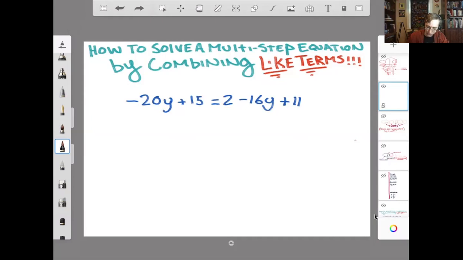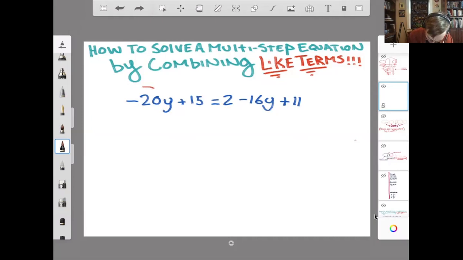So how do you combine the like terms in this problem in order to find the value of the variable y? So first, you should start by identifying the terms, which we did, and now you need to start by seeing which ones you can combine. That's a matter of looking at them and seeing which ones look alike.